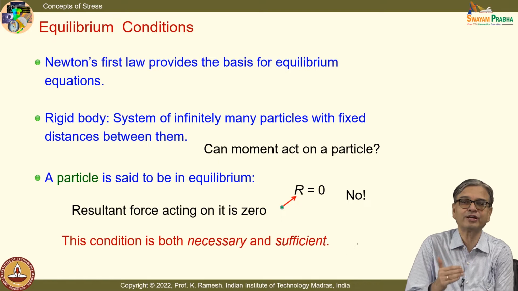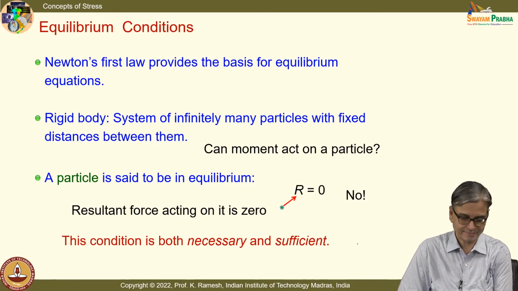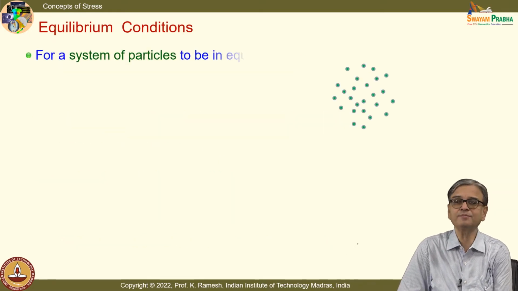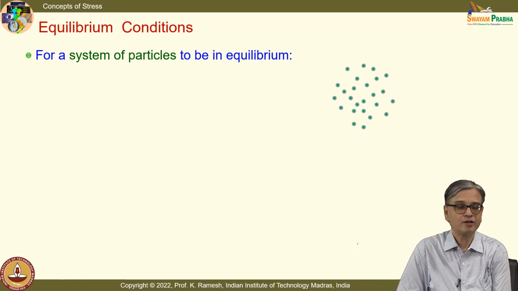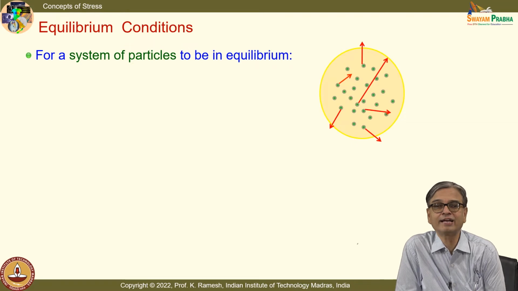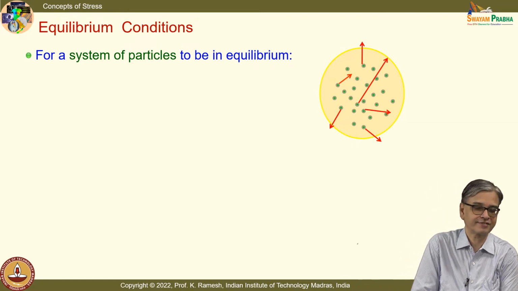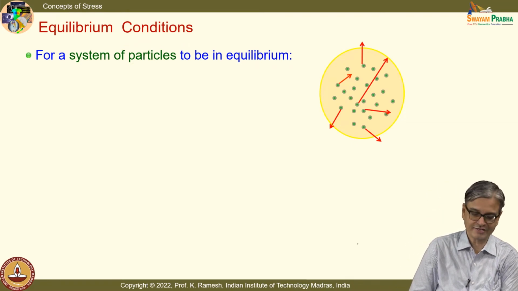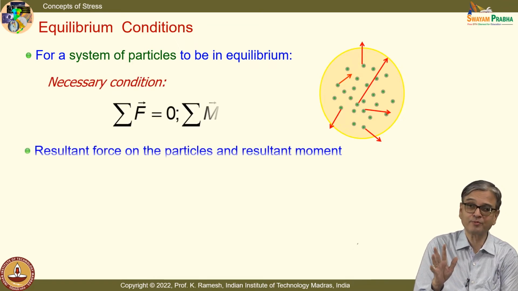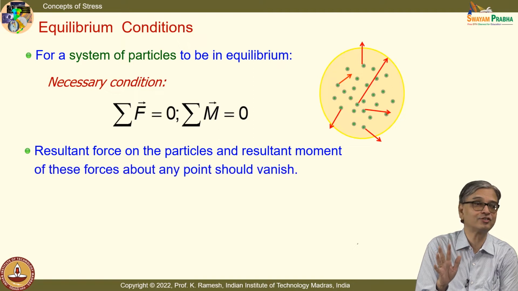Now, we graduate to a system of particles. When I go to a system of particles, you have to write the necessary condition. You will also have to write the sufficient conditions. What are the necessary conditions? Here, it can also support a moment. So, I will have F equal to 0 and M equal to 0. A system of particles can also support a moment.